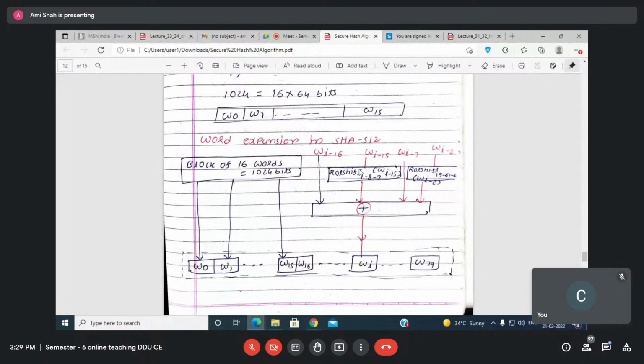This is a block of 16 words, 1024 bits, W0 to W15. But if you want to find, let's say, W17, then you have to use this equation, and based on that you get the word at W17. But that I will explain in the next class: how to perform the word expansion.